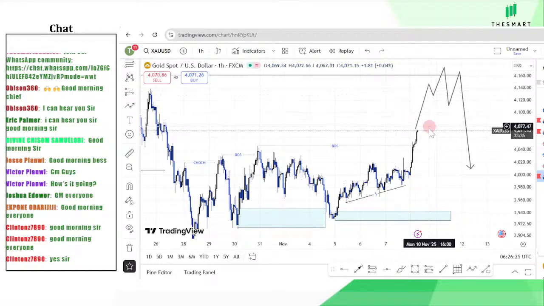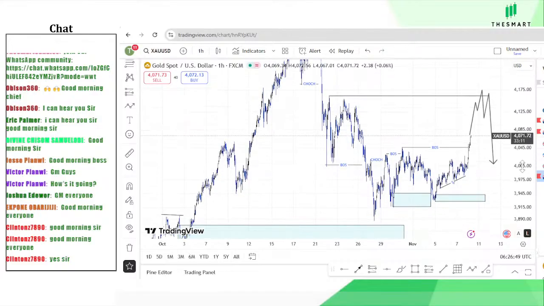So this is our anticipation for gold. Like I said, we've already missed the buy. The only thing that can make us partake in this buy is if this price is able to drop down to clear all of this liquidity. That's the only thing that will make us take this buy on. So for the sell, we want to see the market sweep the liquidity.